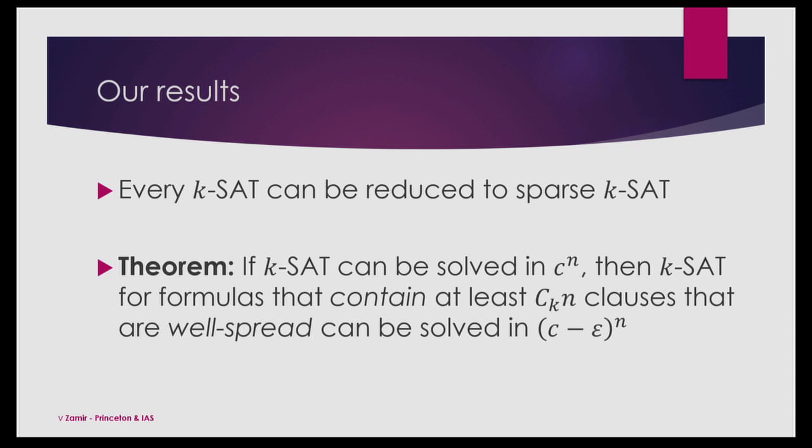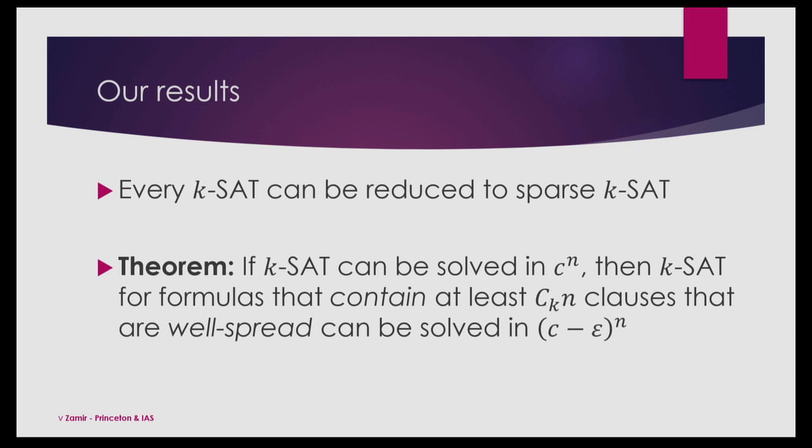So we're going to show the following. If you can solve general k-sat in c to the n time for any c, then if I give you a k-sat instance that has at least some constant times n clauses, you can solve it in (c minus epsilon) to the n time for some positive epsilon. And there is a small footnote: you can't add clauses in a ridiculous manner. First of all, we don't allow multiplicity.